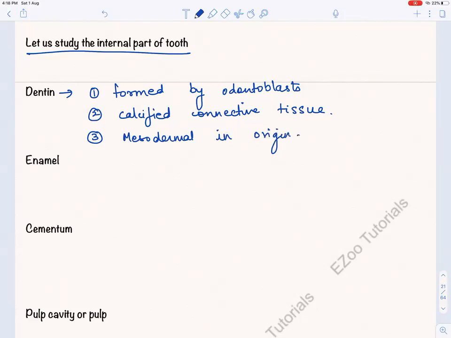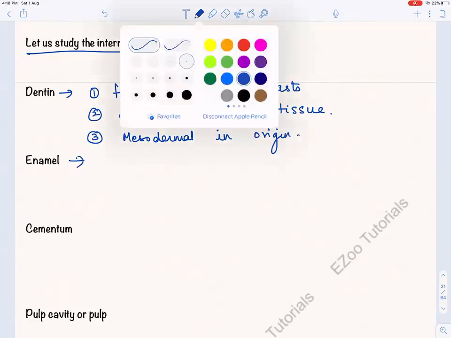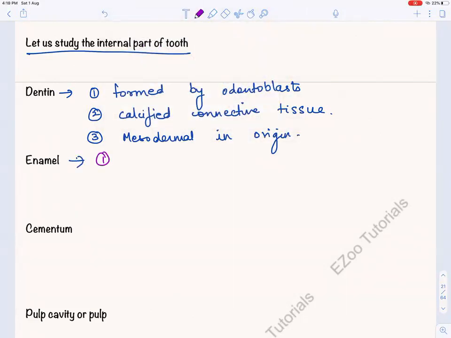Now let us see about enamel. Some things to remember. Now enamel is formed by what? What are the cells that form enamel? Ameloblasts. And when they form enamel, it is known as amelogenesis.